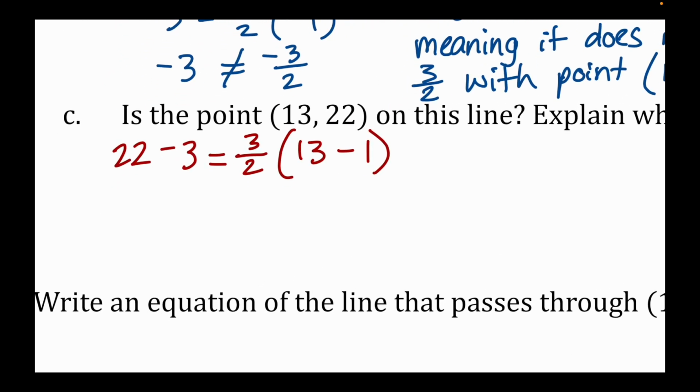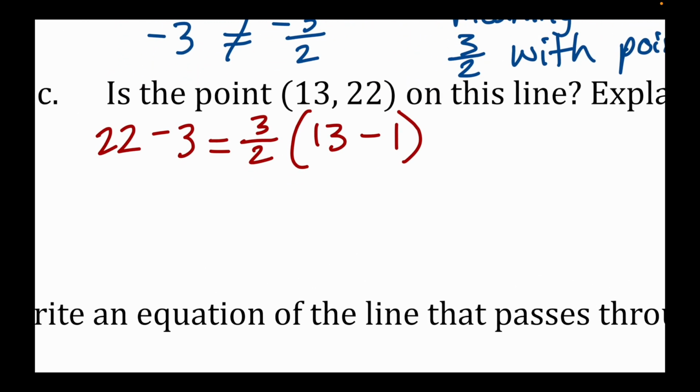So let's work this one out. 22 minus 3, 21, 20, 19, yeah, 19. And that's going to be equal to 3/2, and then 13 minus 1 is 12.